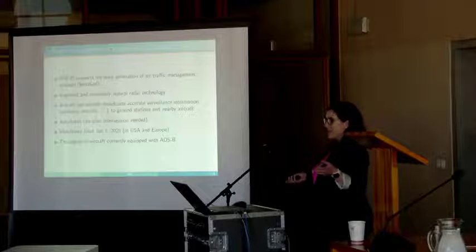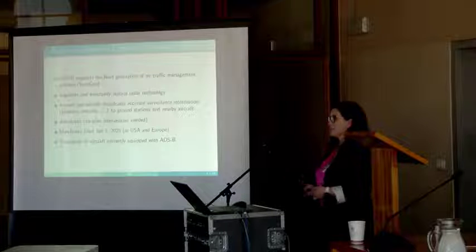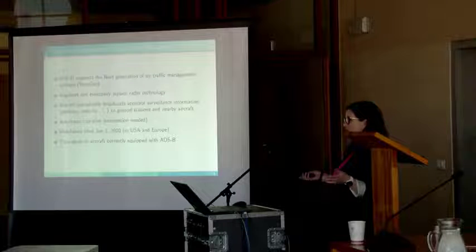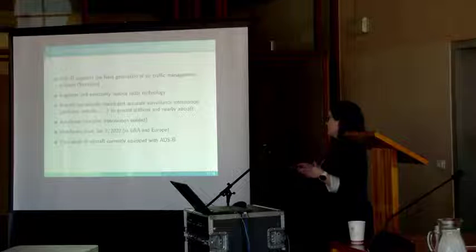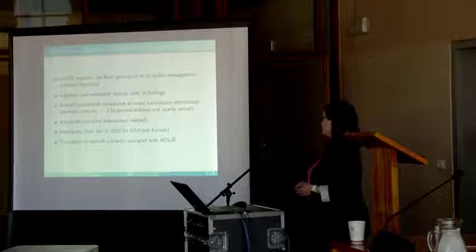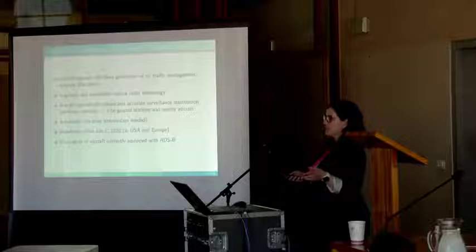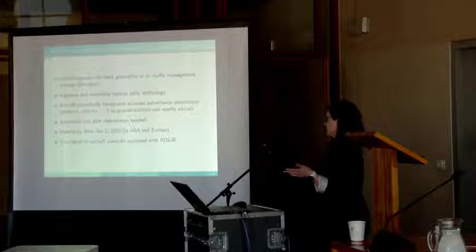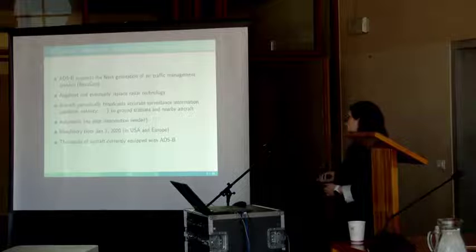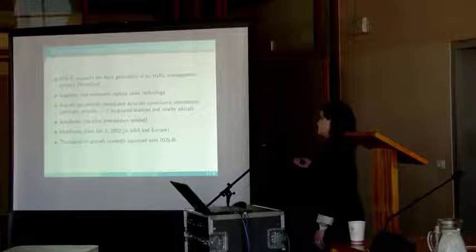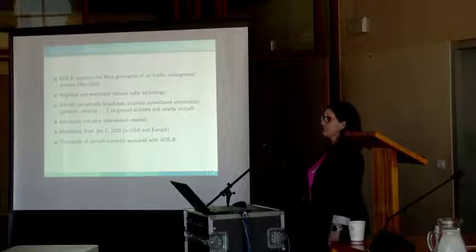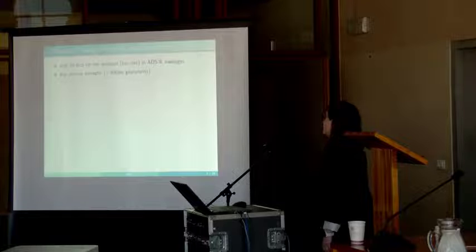The idea behind ADS-B is that the aircraft will automatically and periodically broadcast a message that contains some information about, for example, its position and its velocity. It's going to broadcast it to the nearby aircraft and to the ground station. This has been mandatory since the beginning of 2020 in the USA and in Europe. Thousands of aircraft are already equipped with ADS-B, and it's actually used all around the world already.